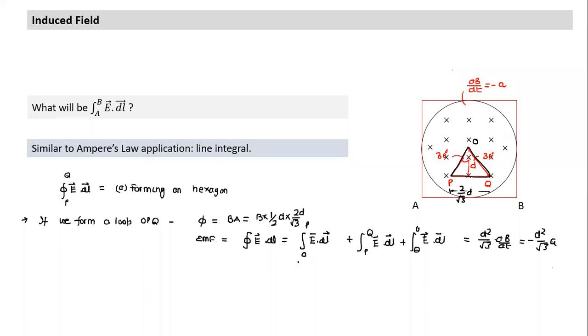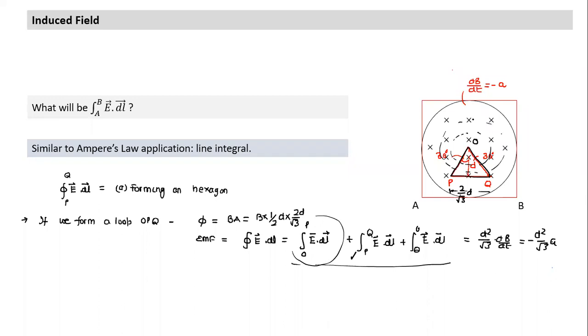But what about this term here? Which term do we want? I want only this term. What will be the value of these two terms here? It's a loop. I have E dot dl from O to P, because to apply Faraday's law I have to form a loop, and P to Q and Q to O. What is the nature of the field lines here? The induced electric field lines which are getting formed are circular in nature, and that's what used to happen in case of Ampere's law.